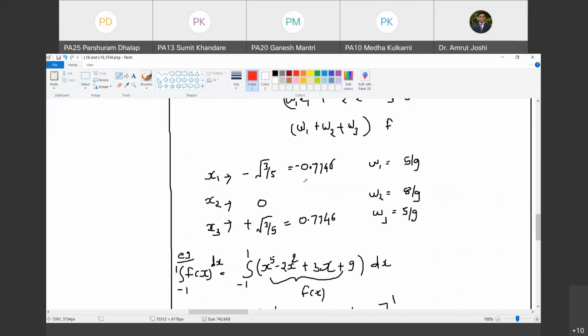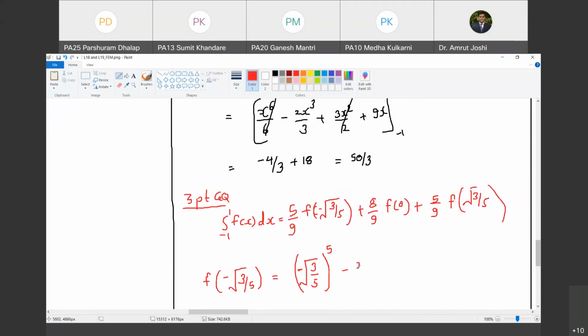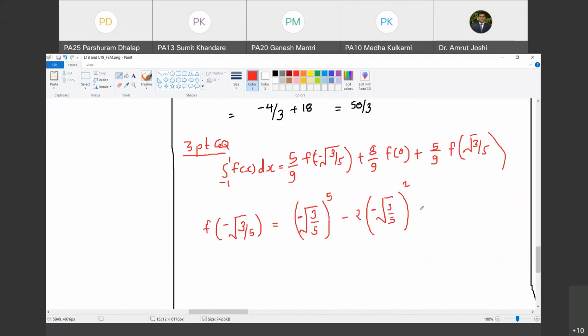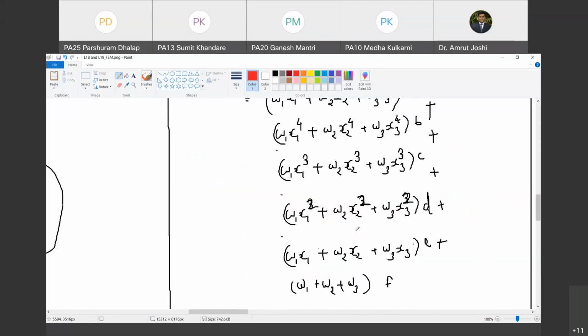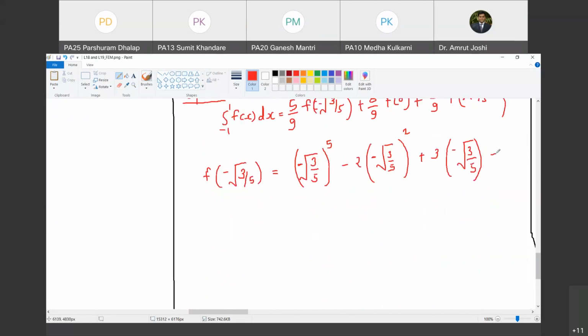Then minus 2x square, so minus 2 into minus root 3 by 5 squared, plus 3x, plus 3 into minus root 3 by 5. Happy? Yes, sir. And what will come next? Plus 9. Plus 9. Right?